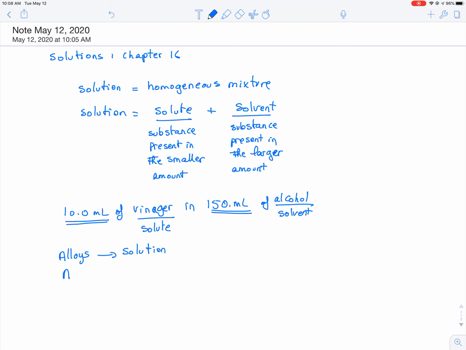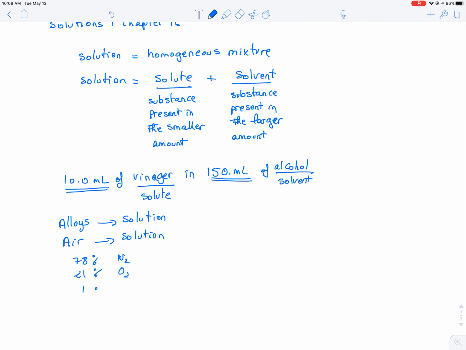Gases such as air, for example, is a solution. If we examine air more closely, air is made up of 78% nitrogen, 21% oxygen, and 1% argon, CO2, H2O, plus a bunch of other stuff. In the case of air, well, air is a solution.